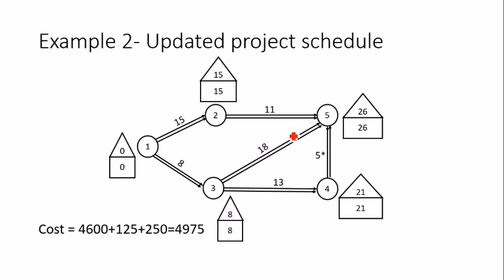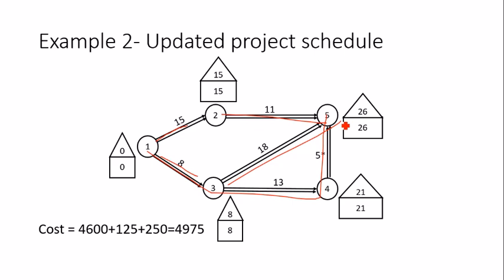So this is giving me a new critical path as well. So I have 3 paths now: 1 to 2 to 5, 1 to 3 to 4 to 5, and 1 to 3 to 5. So with the emergence of new activities, you may get a new critical path. So now instead of 2 critical paths, I have 3 critical paths.